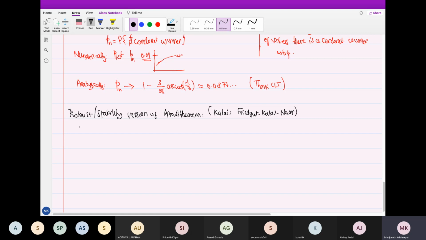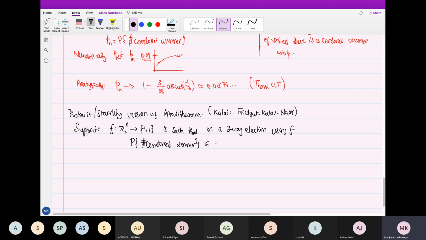So what is the theorem? It says the following. Suppose F is such that, in a three-way election, the same setting, so I will not write it again, in a three-way election using F, the probability that there does not exist a Condorcet winner is less than or equal to delta.